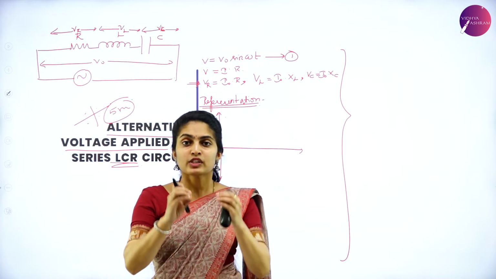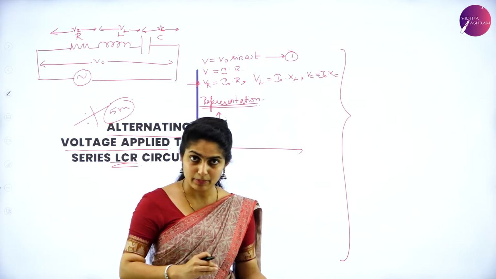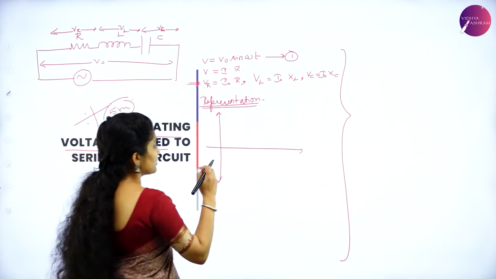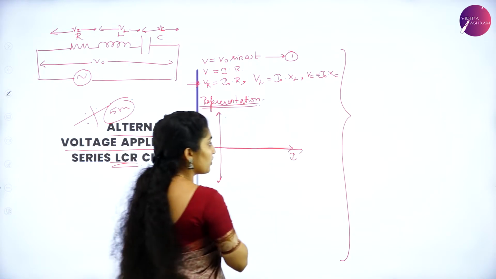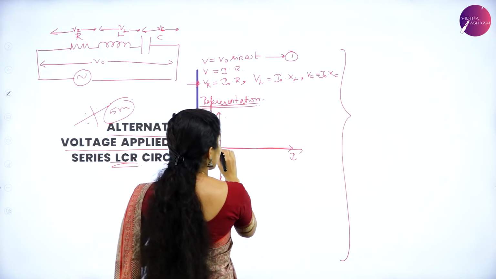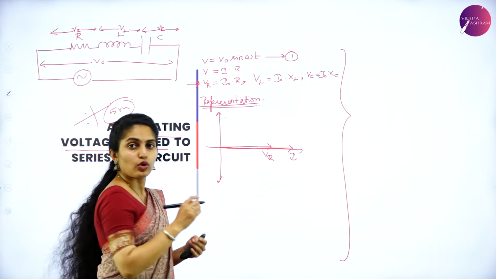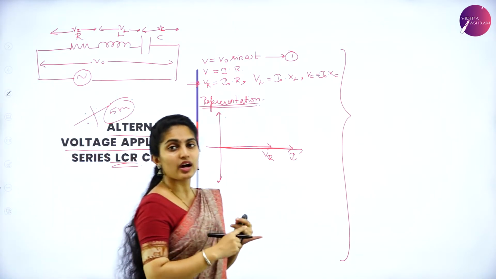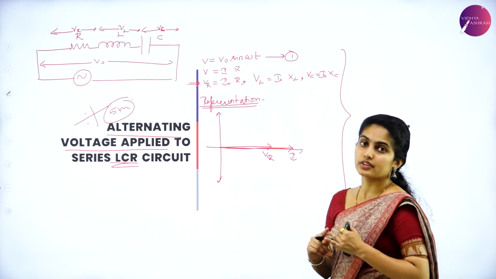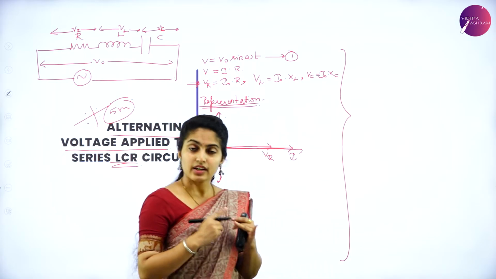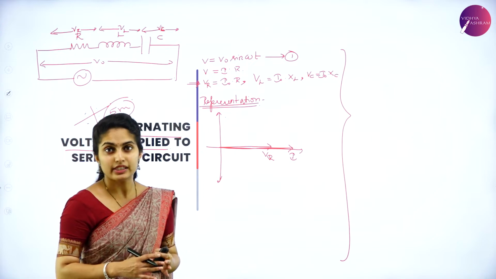Whenever an alternating source is applied to a resistor, there exists a current I, for which the voltage VR is in phase. So I and VR are in phase with each other, which is the concept we have studied under the phasor.